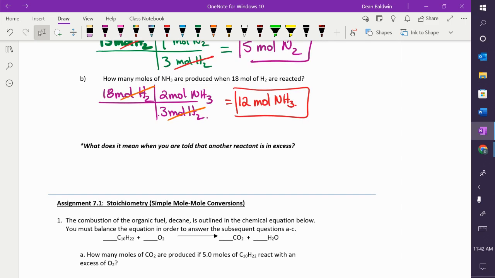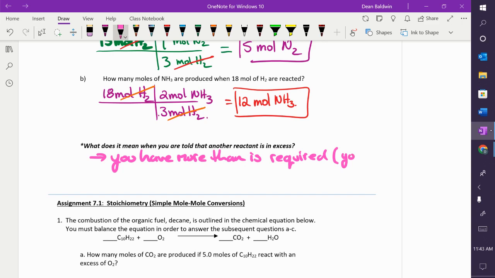It's more than what is required. More than is required. You will have leftovers, basically. Okay.